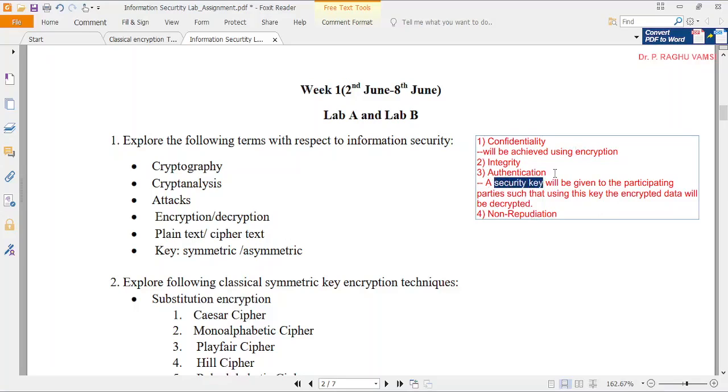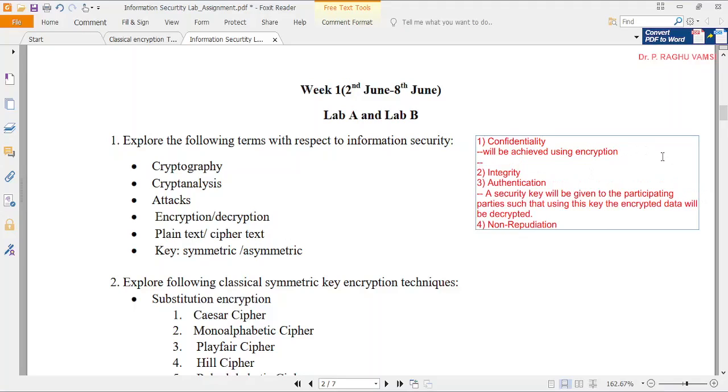A receiver is said to be authenticated if he has a valid security key, and he will be in a position to decrypt the encrypted data. So whatever data is encrypted is said to be ciphertext.